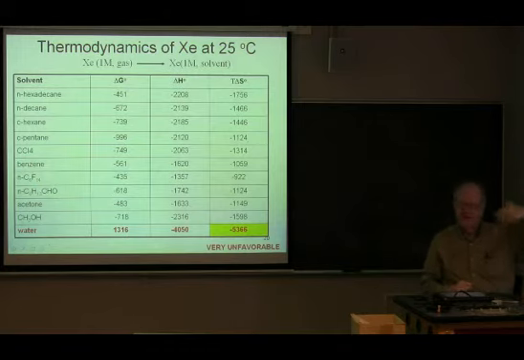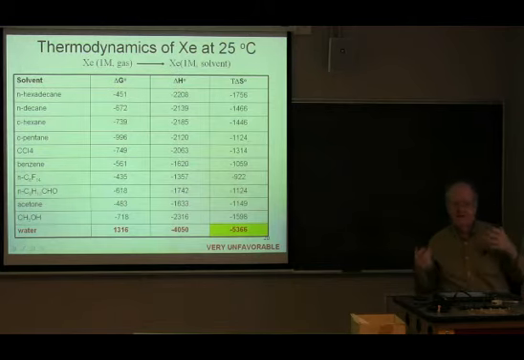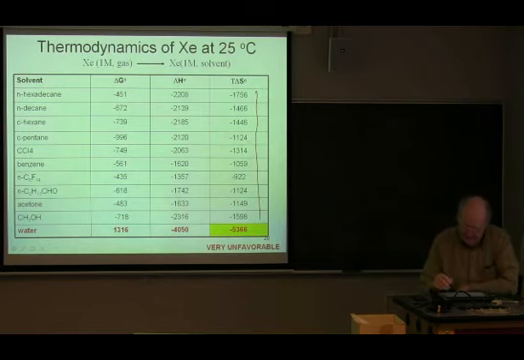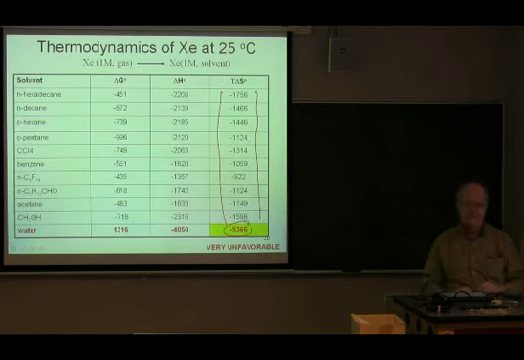And so the xenon's a lot freer in the gas phase than it is in a liter of water. 1 mole of xenon in the gas phase has really got more space to occupy than it has in a liter of these solvents. And these numbers are all, roughly speaking, about the same. But that's an exceedingly unfavorable entropy of transfer from the gas phase into water.